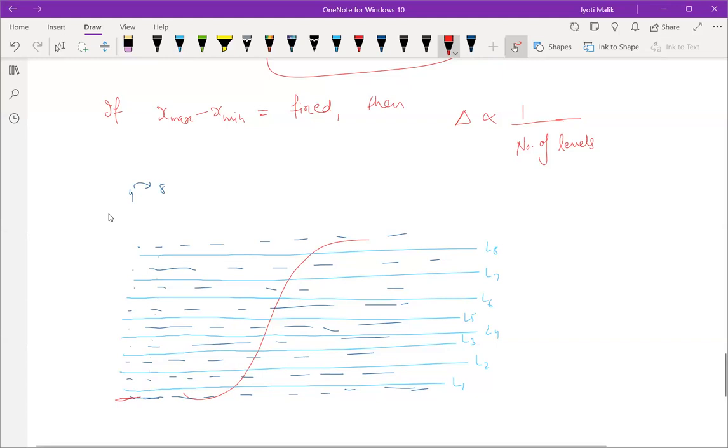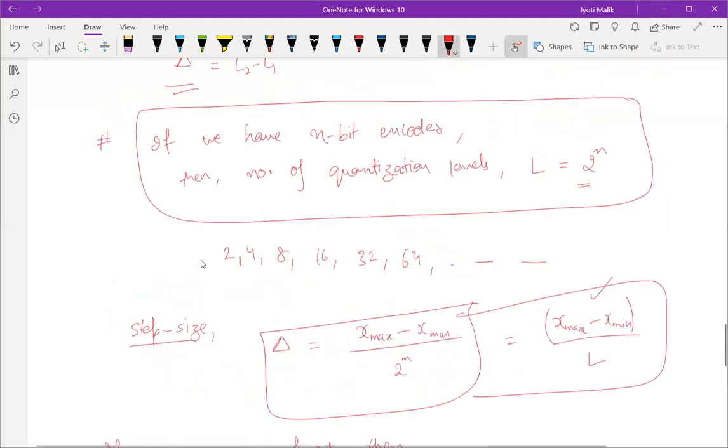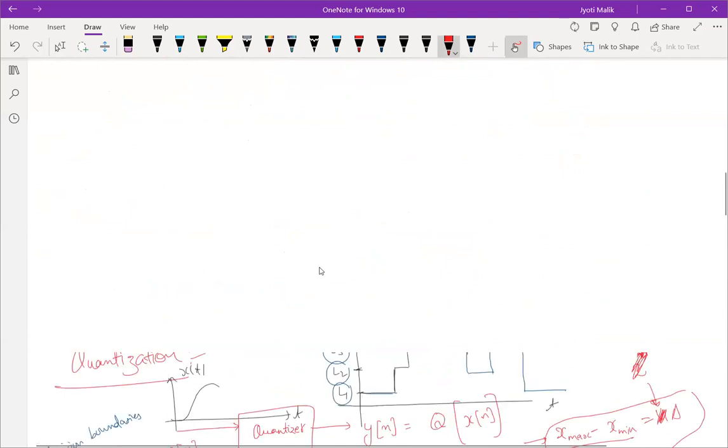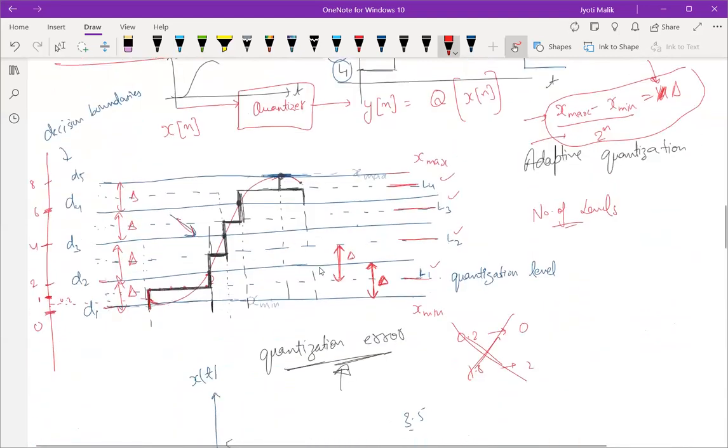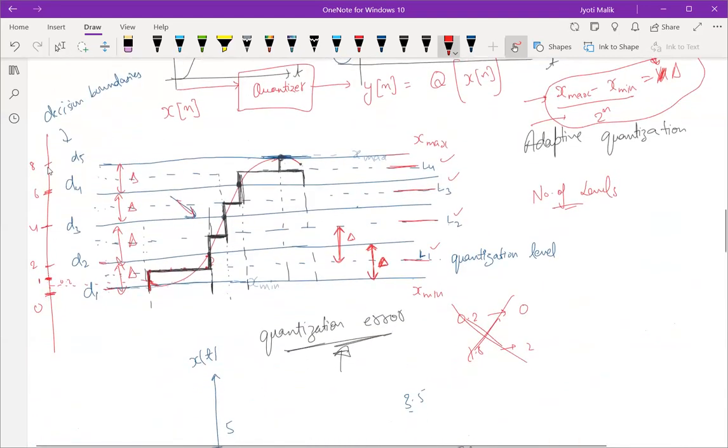Let's say initially this was our 0, and it was going from 0 to somewhere. Initially it was 0 to 4. This whole range from 0 to 1 was mapped to 1.